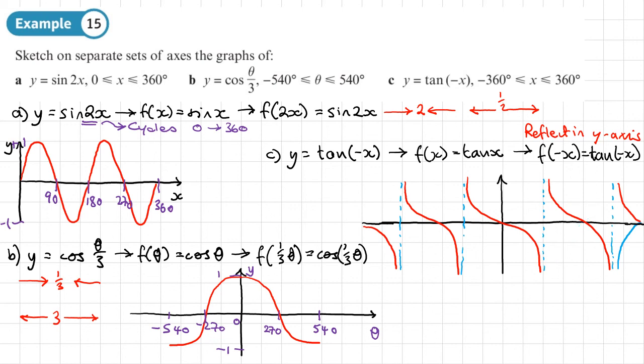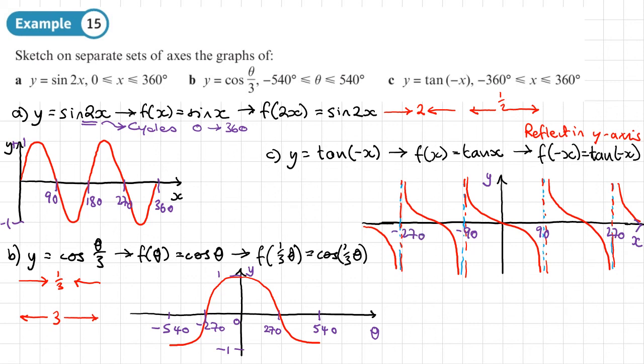And what we'll do, we'll just change our asymptotes so they're in red instead. Like that. So we'll just label up the axis. So on this one we've got x and y, and we'll put in where the asymptotes are. So 90, 270, minus 90, minus 270.